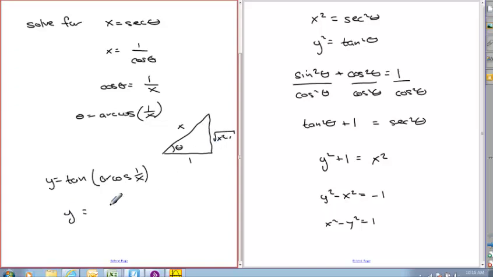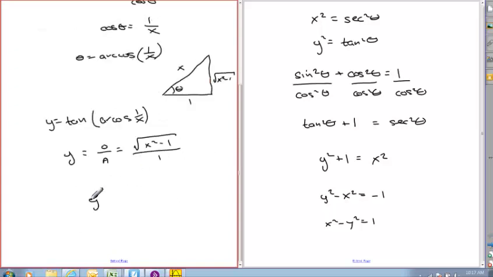The tangent is the opposite over adjacent. So the opposite side is the square root of x squared minus 1. And the adjacent side is 1. So you would say y is equal to the square root of x squared minus 1. If you square both sides, you get y squared is equal to x squared minus 1.